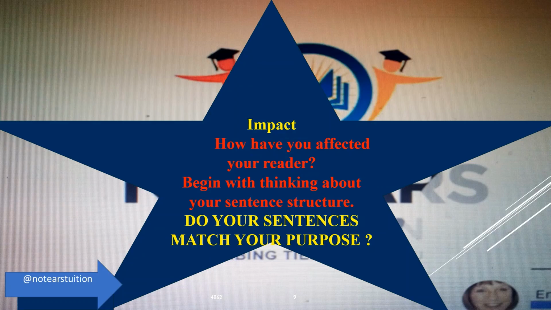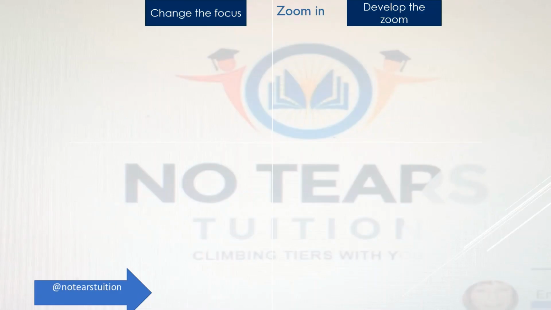We use different words, but we mean the same thing, and the important word is impact. How have you affected your reader? Begin with thinking about your sentence structure, and do your sentences match your purpose? Again, we use different words sometimes to tell you about structure.